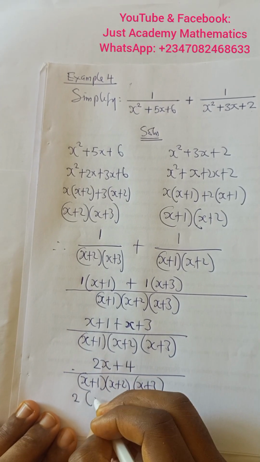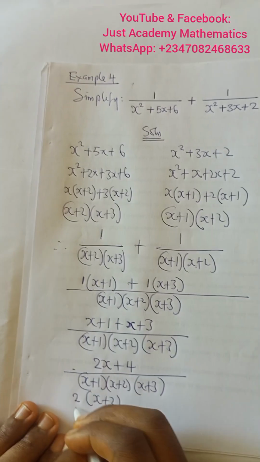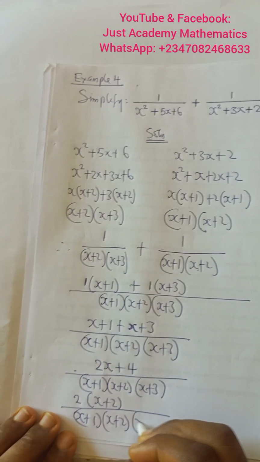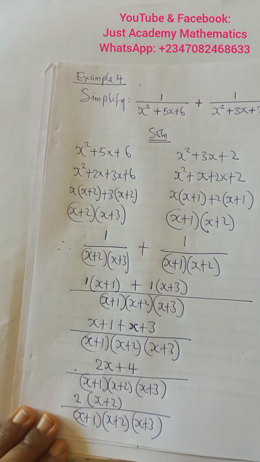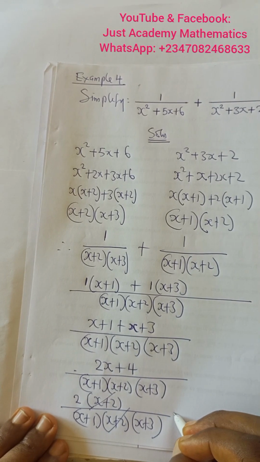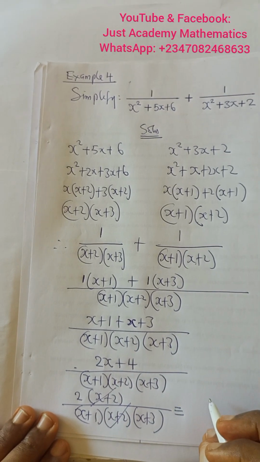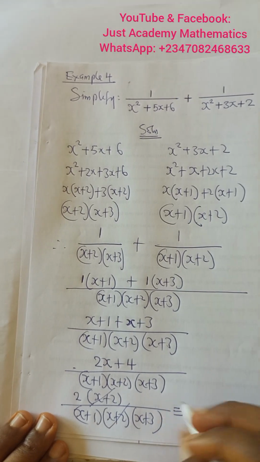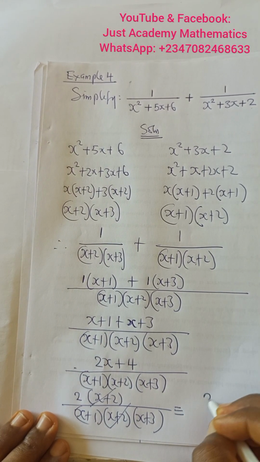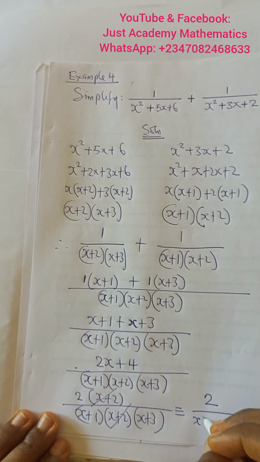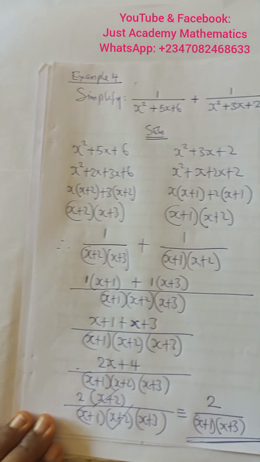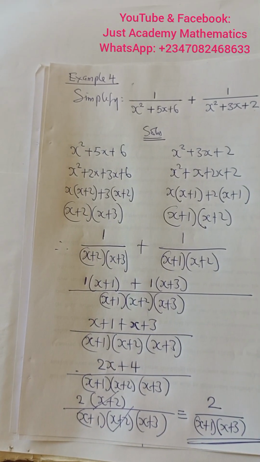If 2 is coming out, we have s plus 2 remaining over s plus 1 times s plus 2 times s plus 3. And if that is the case, this will cancel this. So we are left with something equivalent to, not equal to, because it's not an equation. We are now saying that the final answer will be 2 over s plus 1 times s plus 3. That is what we are saying here now.